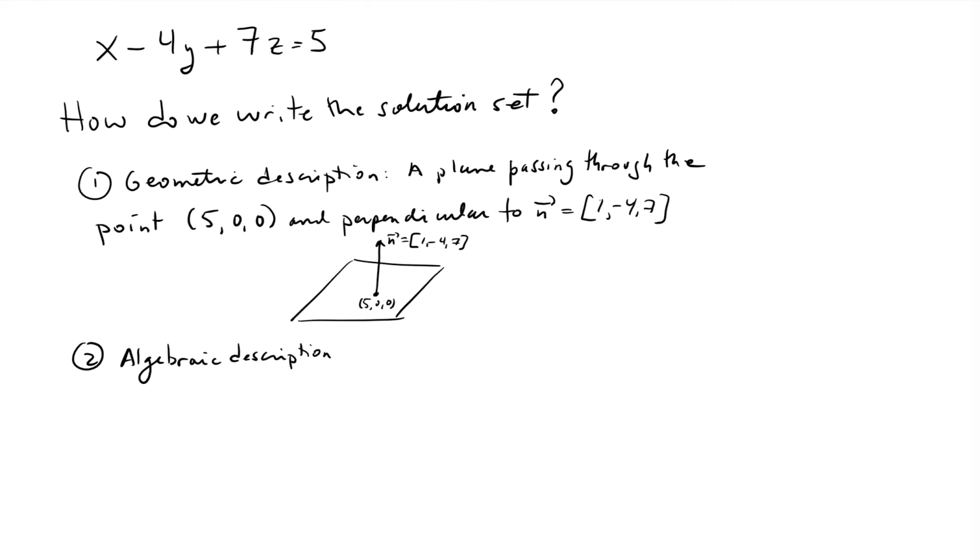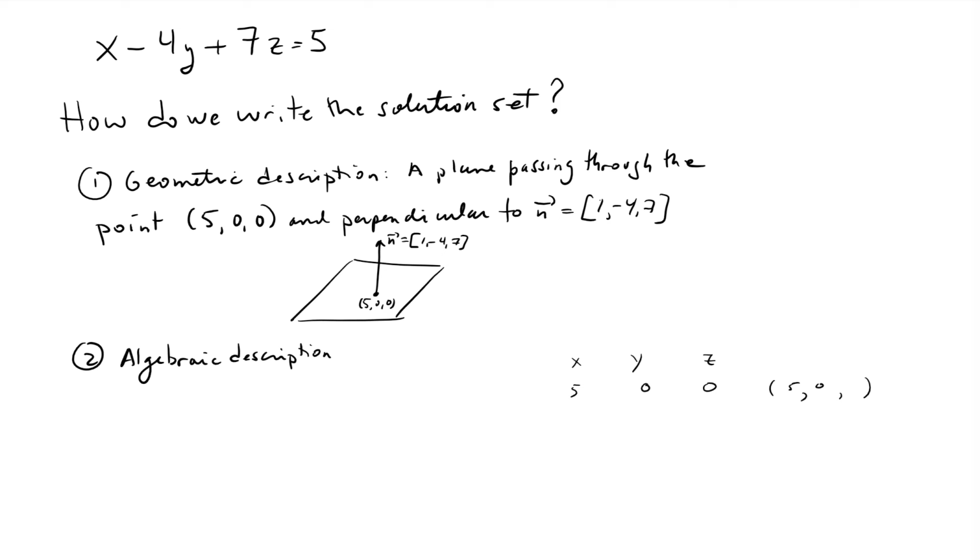Let me go through how we got some points that are part of the solution set before. Maybe you don't need to write this down, but essentially we assigned some values to y and z, and then solved for x to get the first coordinate of the point. For example, if I assign values of 0 and 0 to y and z, clearly x is 5.